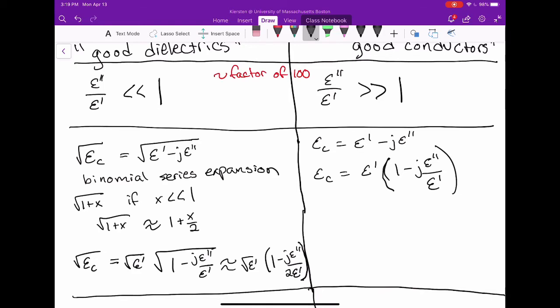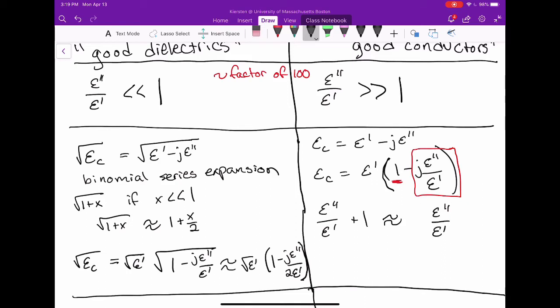But if you have epsilon double prime over epsilon prime much, much greater than 1, then in general, this term is going to dominate over 1. So we just say that something like epsilon double prime over epsilon prime plus 1 is approximately equal to epsilon double prime over epsilon prime, and we ignore the 1 entirely.